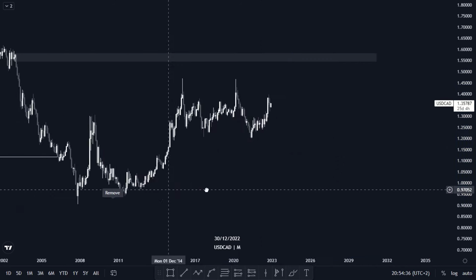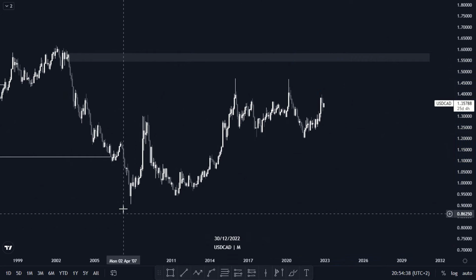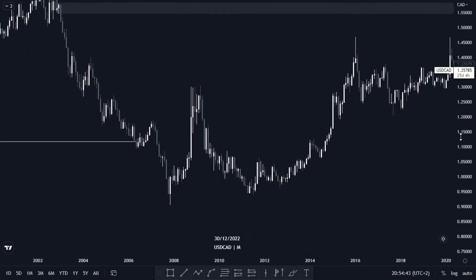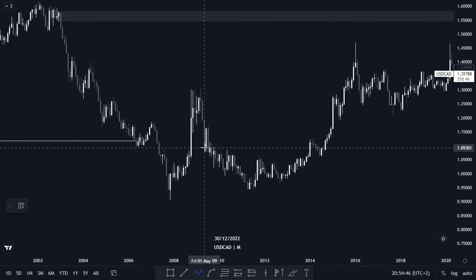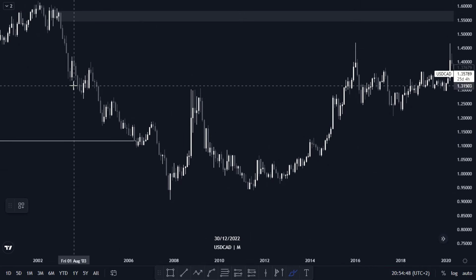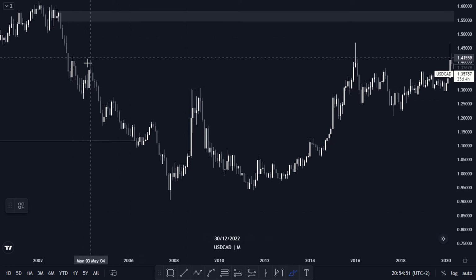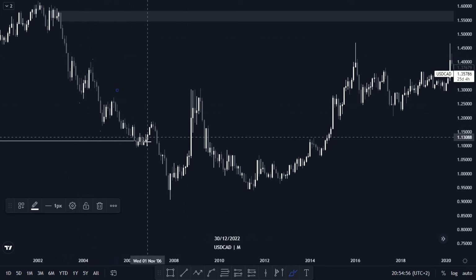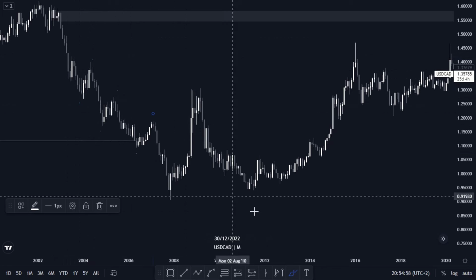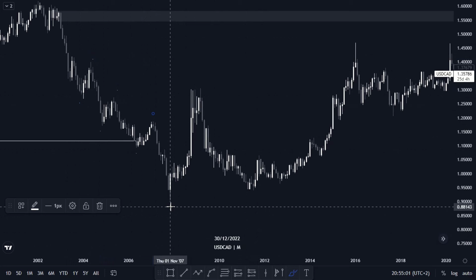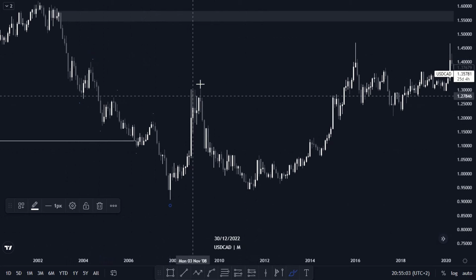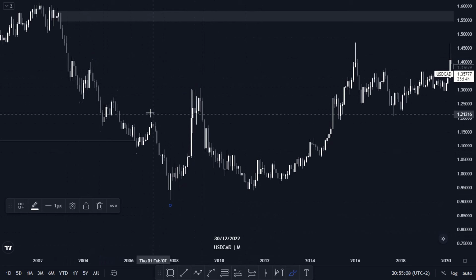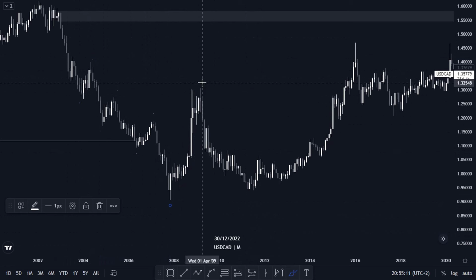Another thing I saw on the monthly time frame is this. Price here was forming lower lows, lower highs, lower lows, lower highs, lower lows, lower highs, and then this is the lower low, and price broke the previous lower high.